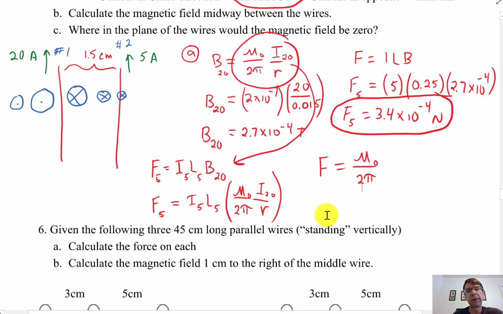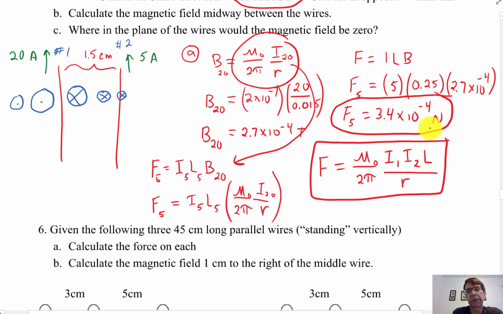In this case you'd say I5 times I20, but in general I'll say I sub 1 times I sub 2, the product of the two currents, times the length where they overlap. I don't need to call it length 5 or length 20. They both have the same length, 25 centimeters in this case, all over R, how far apart they are. So this equation right here is very powerful.